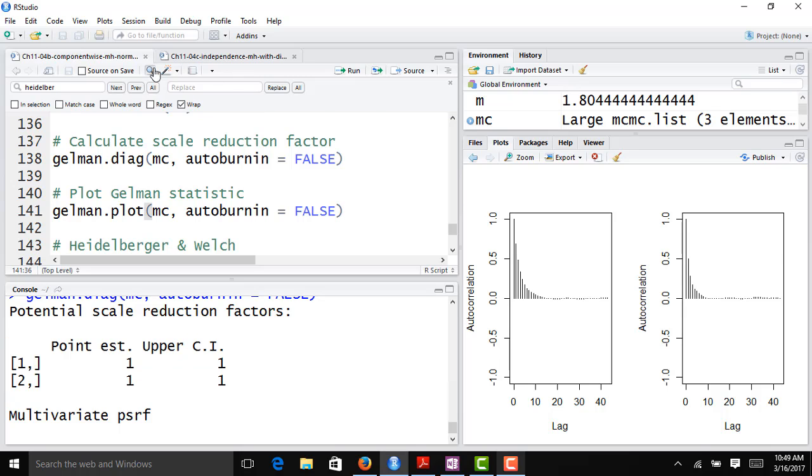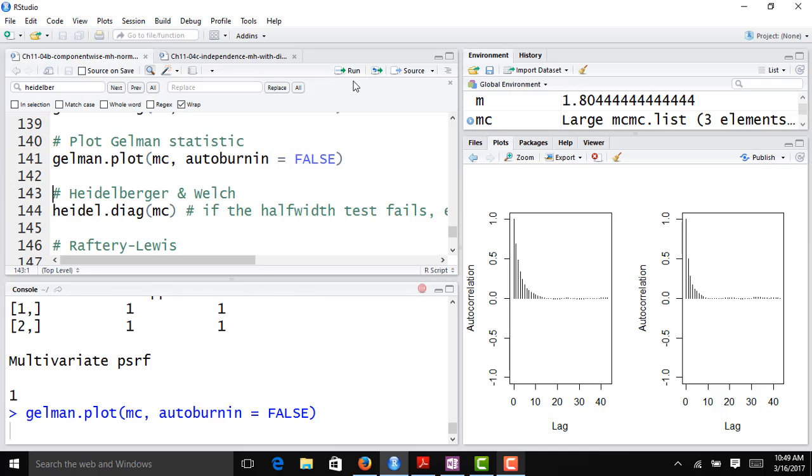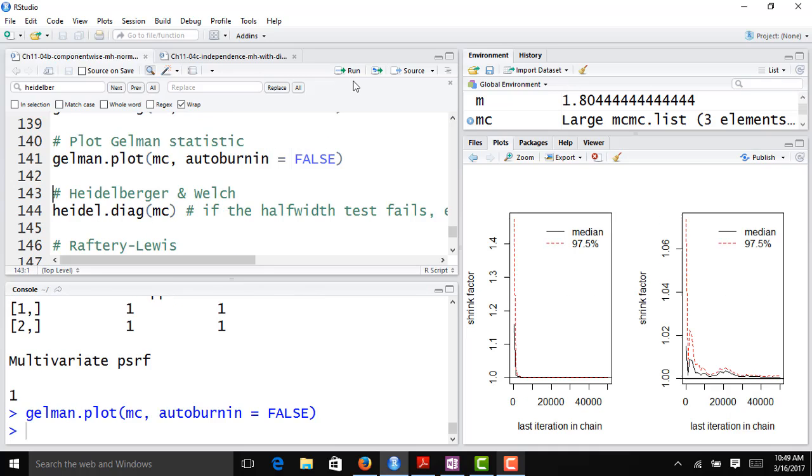We can look at a plot of the r-hat statistics for the 2 parameters as a function of iteration. This is for the mu parameter, this is for the sigma squared parameter, and it looked like we converged very quickly for the mu parameter to a small value of r-hat, and for the sigma squared parameter it actually took quite a bit longer, and so we needed to run our chains about as long as we did in order to converge to the stationary distribution. At least that's what this particular diagnostic is saying.